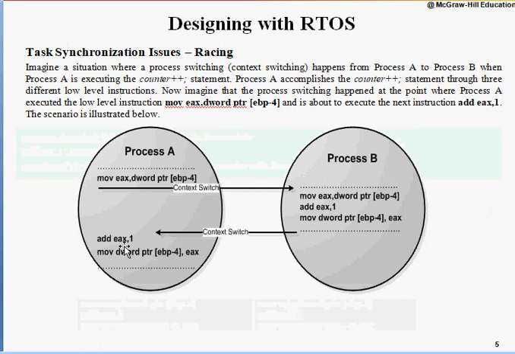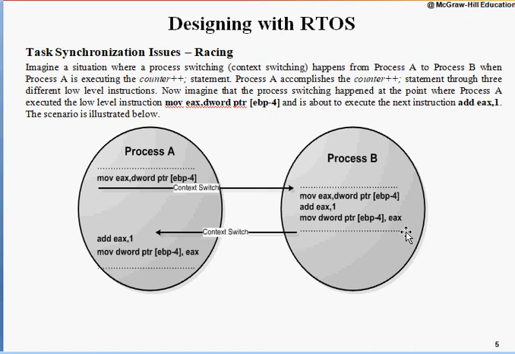When you try to do add EAX comma 1, it will not get the proper value, because the move DWORD PTR EAX is incremented again. There is a data inconsistency, due to which the expected answer of 10 may not be 10. It might be different, sometimes 11, depending on the situation. In this scenario it will not be 10 if two processes run simultaneously.